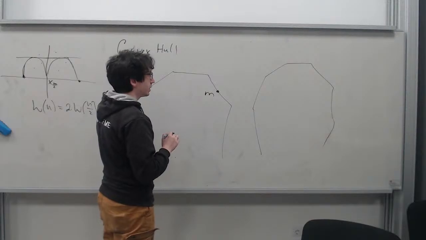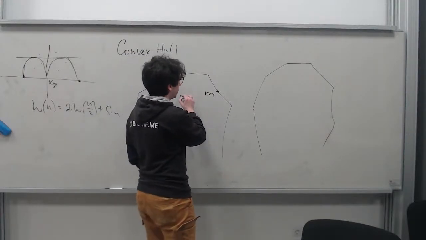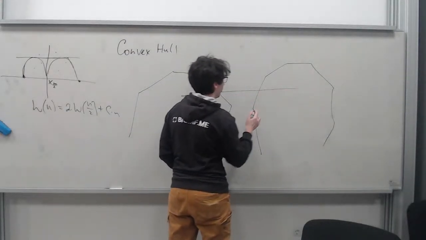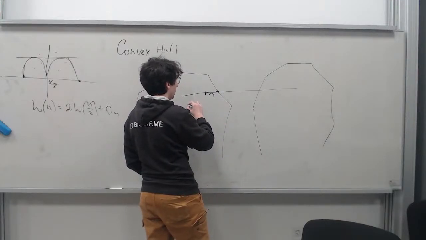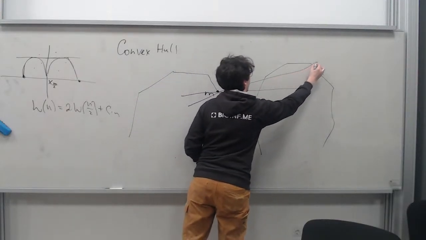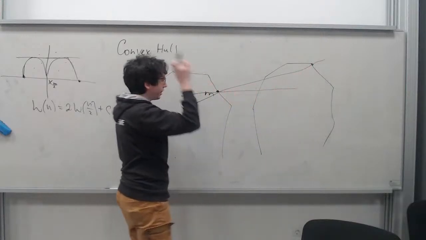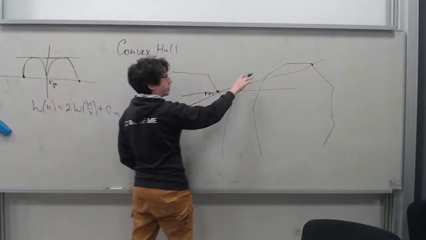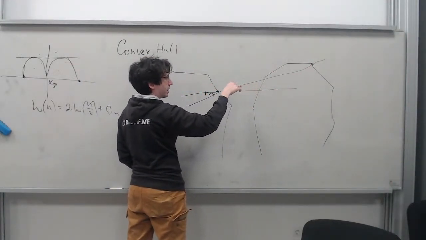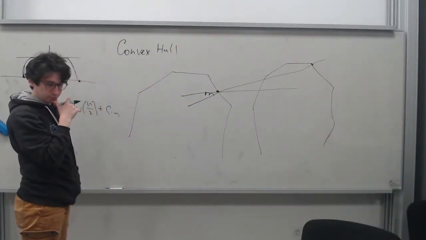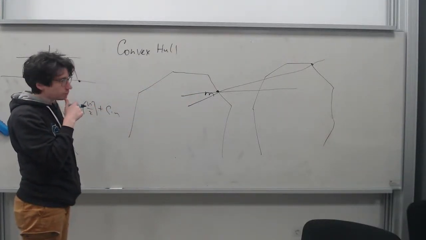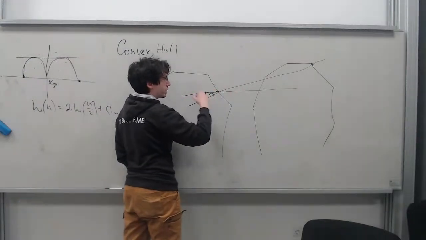This can be done simply because there are two types of tangents: the one that connects to the guy on the left and the one that connects to the guy on the right. So these are two tangents.